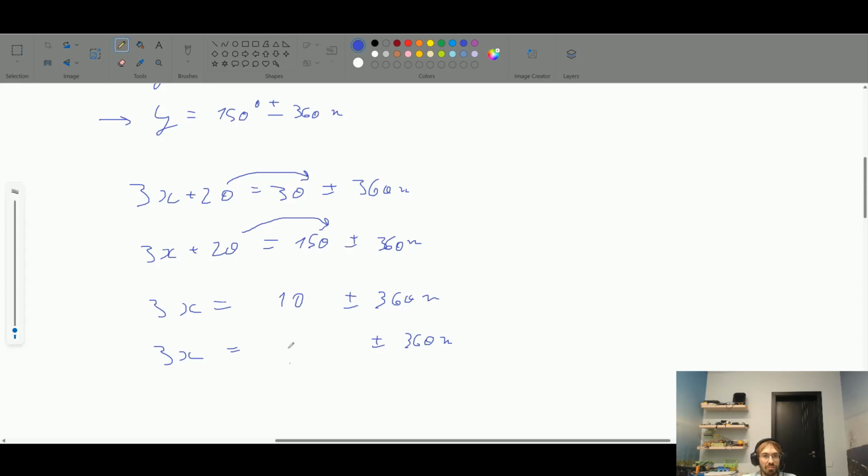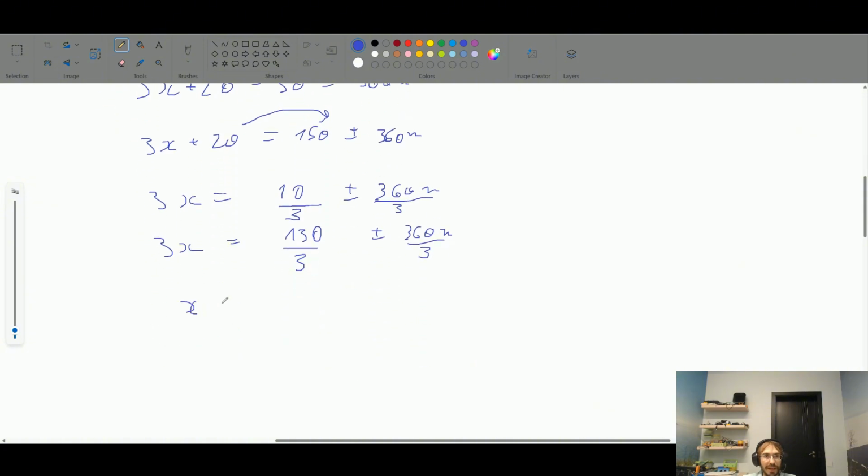Then you need to divide everything by 3, but not only 10 is divisible by 3, you must divide the period by 3 as well. So the result will be x equals 10 over 3 plus or minus 120n, and the same with the second root, x equals 130 over 3 plus or minus 120n.